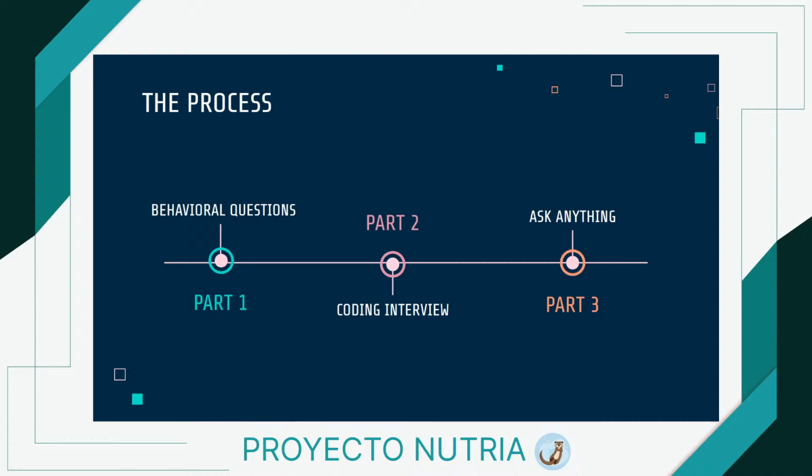I'm going to explain each of these parts in the following slides. The first one is the behavioral questions. The behavioral questions are all about you, your projects, your experience, leadership, programming languages, and all that stuff.